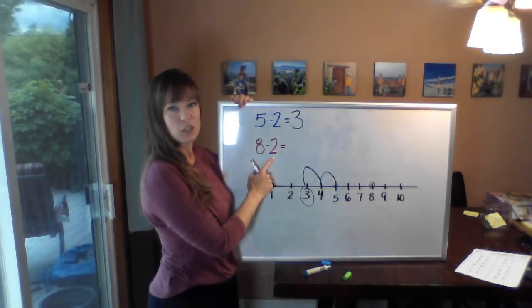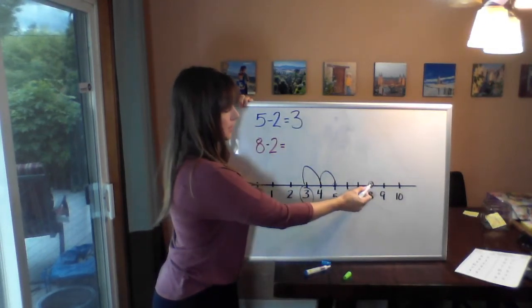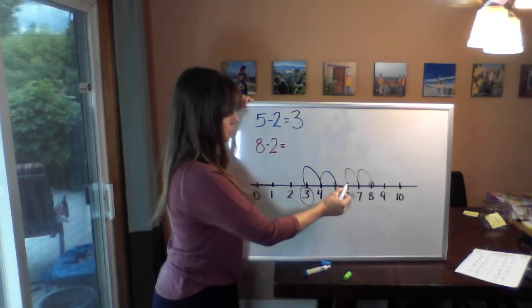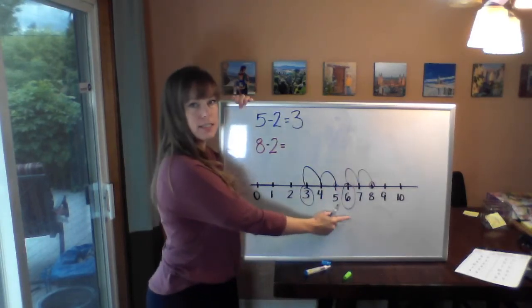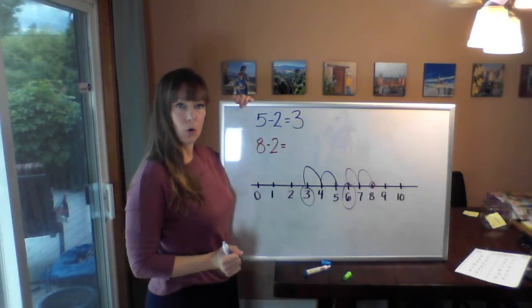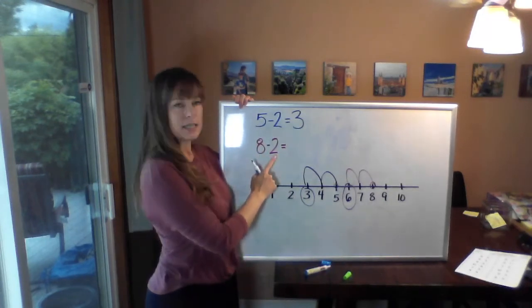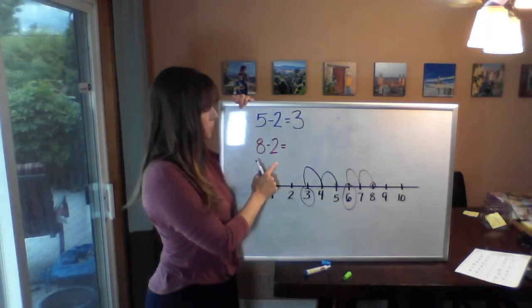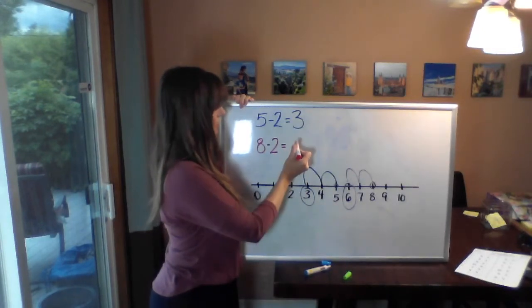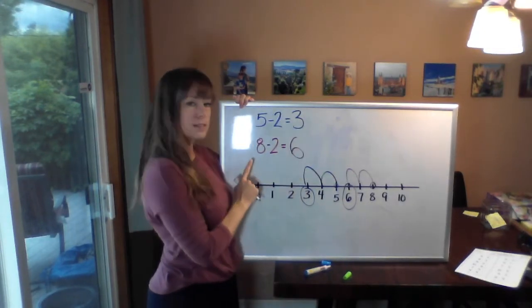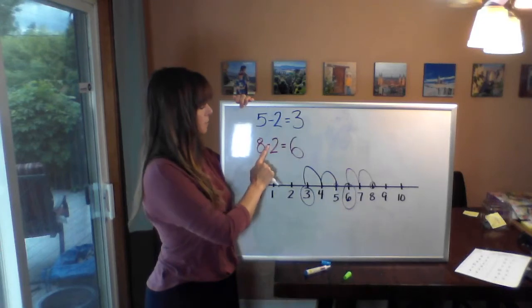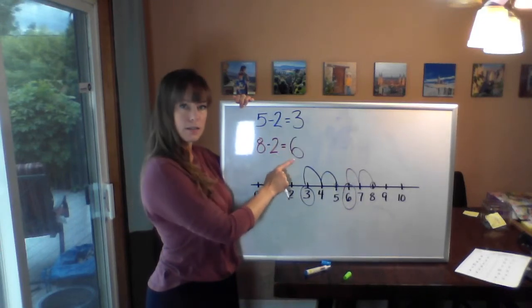So I'm going to jump back 2 spaces. So start on that 8, bounce back 1, 2. And that has me landing on 6. So now I know that if I have a whole number of 8 and I take away 2, I take a part of 2, the part that is left is 6. Say it with me. 8 minus 2 equals 6.